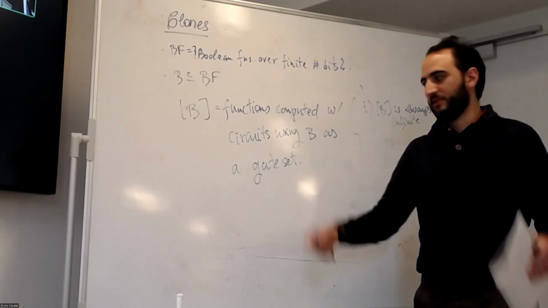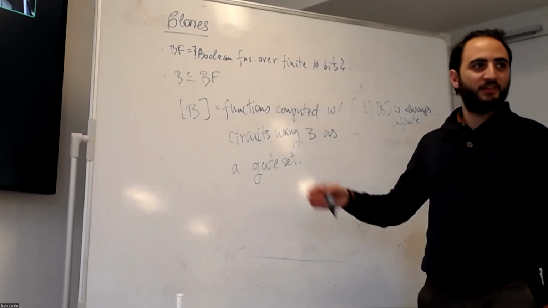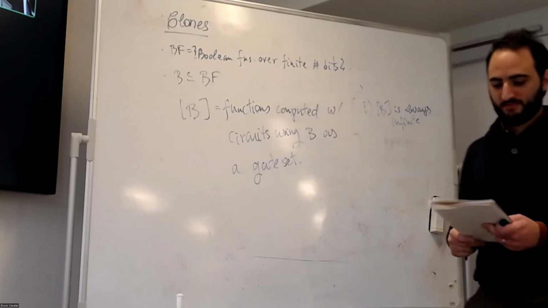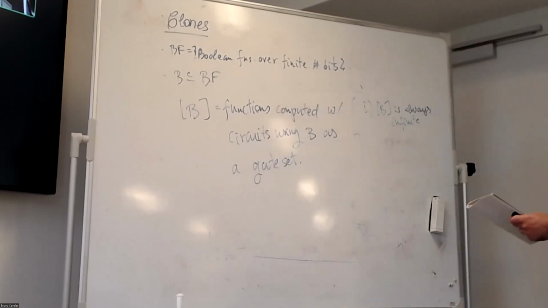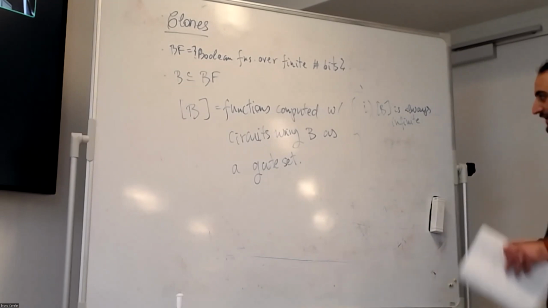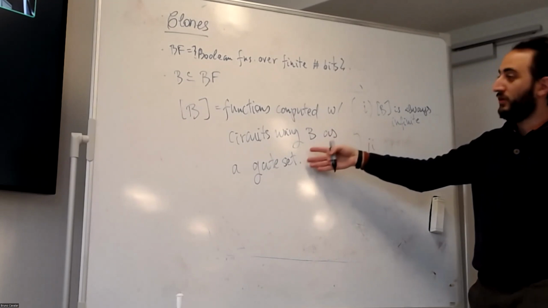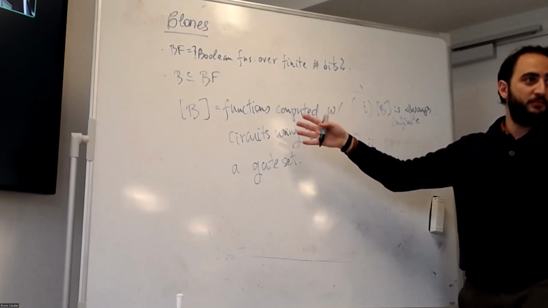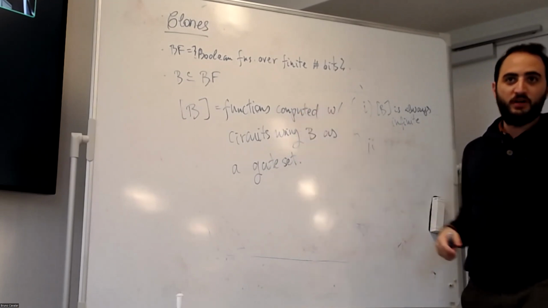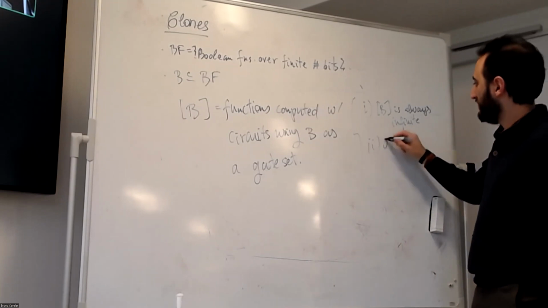So you can have any projection function, xn. And it may not contain the constant functions. So even though you're not allowing zeros and ones for free, they're not allowed in the construction of the circuit.